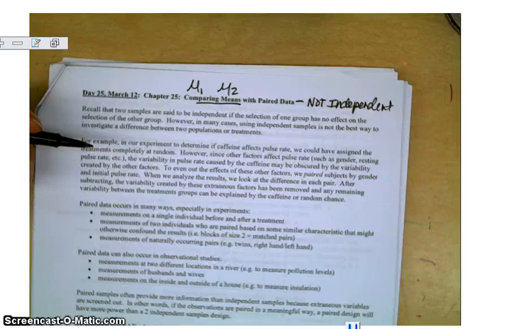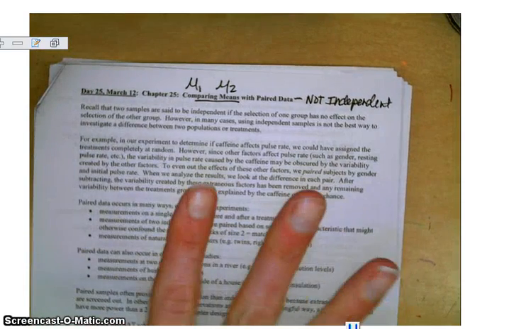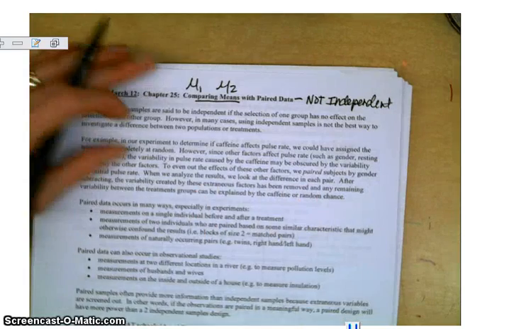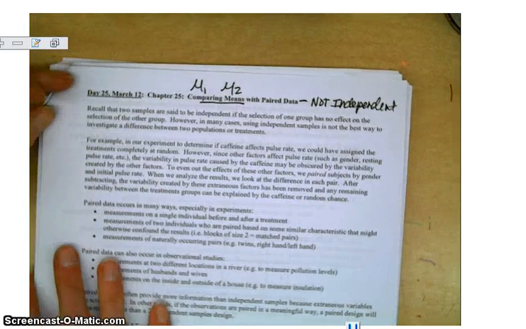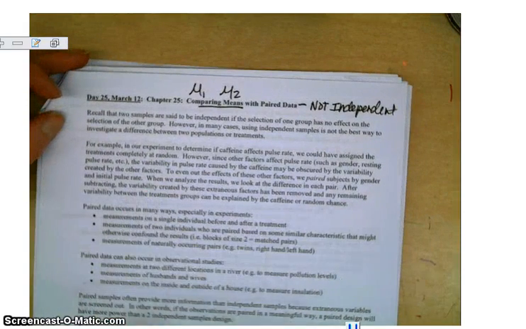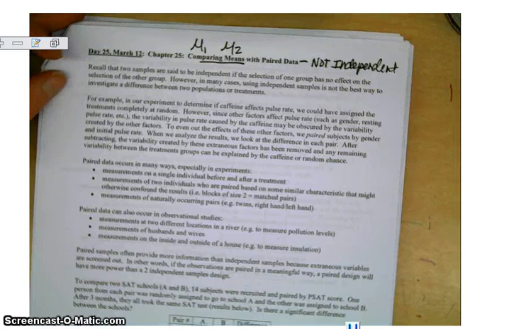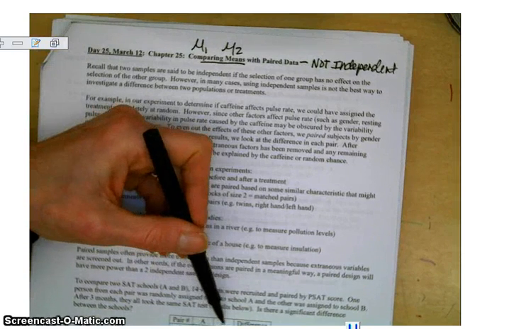So what we did when we had means of two samples before is we found the mean of each sample first. In the previous lesson, we found the mean of each sample first, and then we subtracted them. But what we're going to do here today is subtract first.